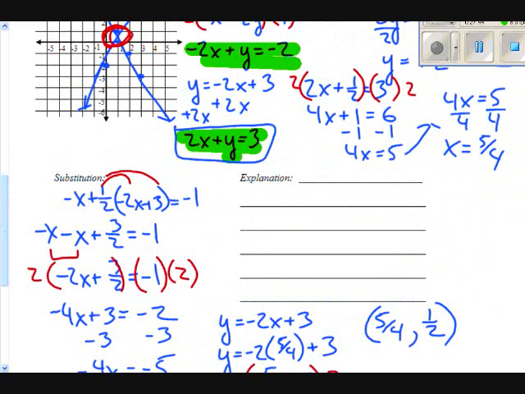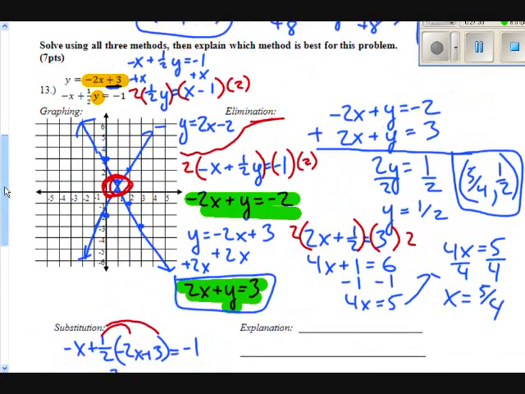So for my explanation, I've got two choices here, because graphing was terrible. Graphing didn't even get us close. Graphing, get out of here. We don't like you. Okay? So when it says which method was the best, either substitution or elimination.